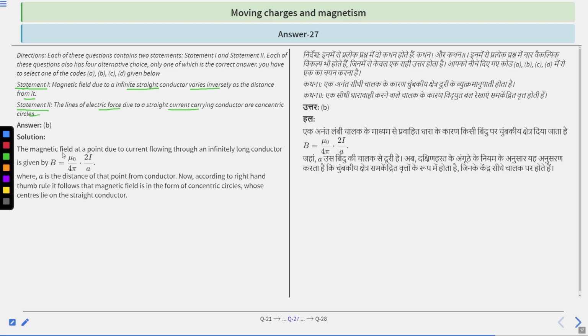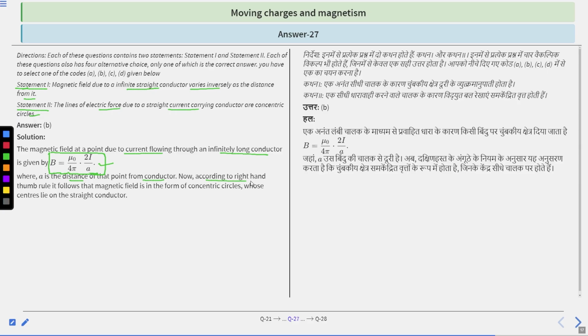We know the magnetic field at a point due to current flowing through an infinitely long conductor is given by B equal to μ₀ upon 2π multiplied by 2I divided by a, where I is the current and a is the distance of that point from the conductor.